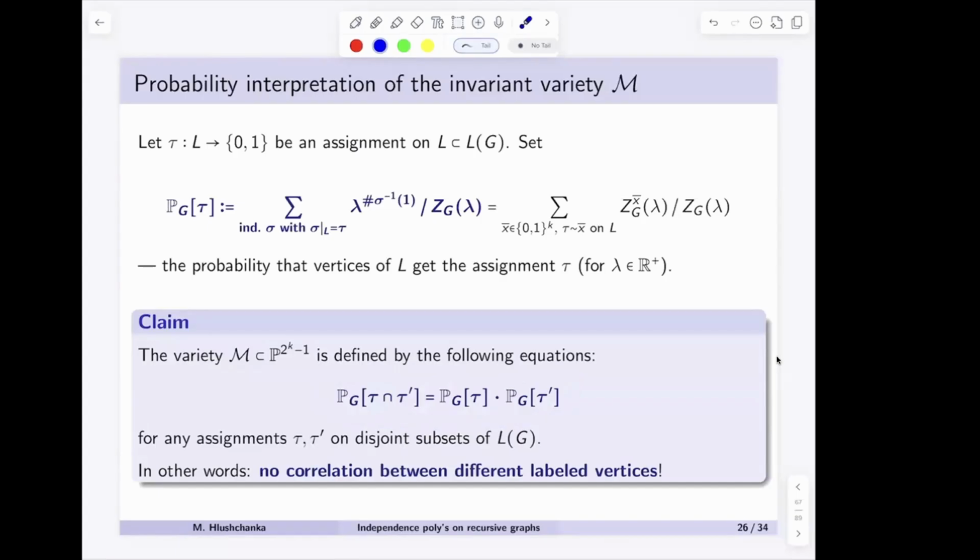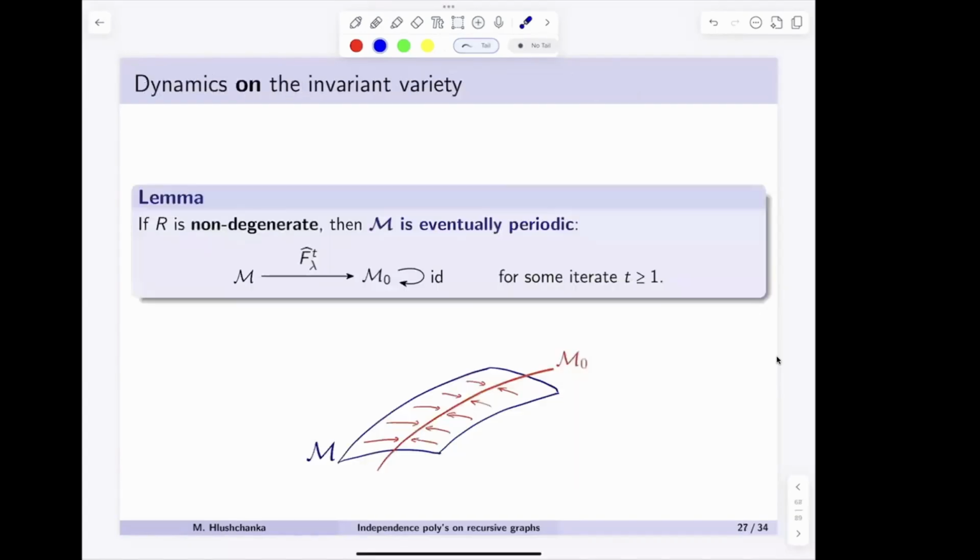So again, what did we discuss at this moment? We have a variety in our projective space, and it's invariant under the dynamics that we study. The next thing that I want to tell you is what's happening on the invariant manifold, and afterwards we'll discuss what happens near the invariant manifold.